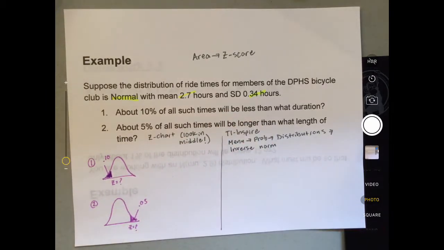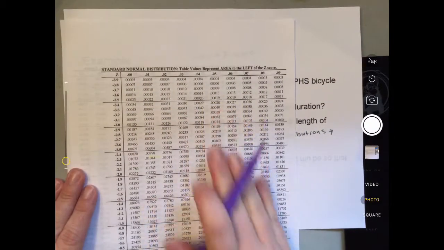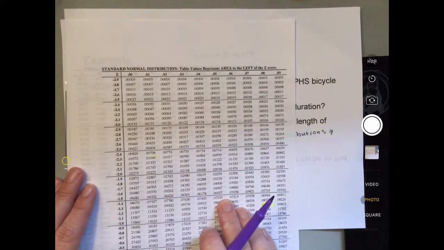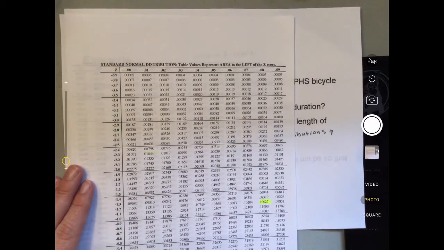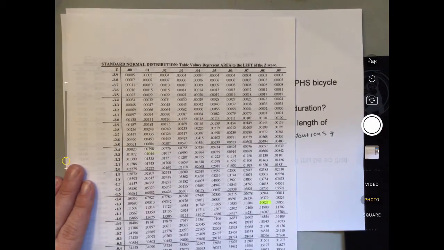Now if you want to use your chart, instead of looking at the z-scores and finding the areas, you're going to be looking in here to find the area we want so that we can get to the z-score. So you just want to find the closest to 0.10.